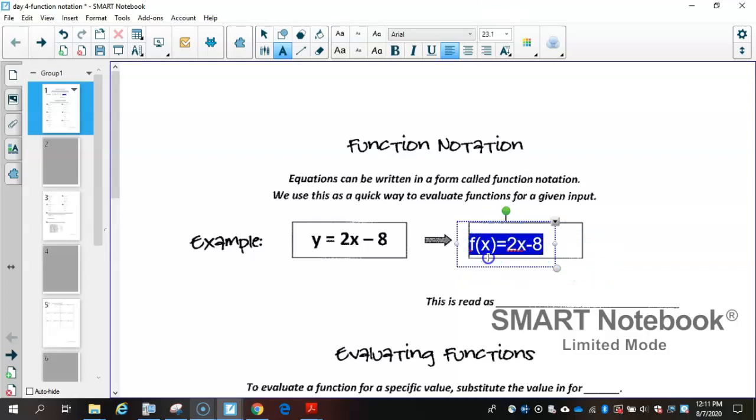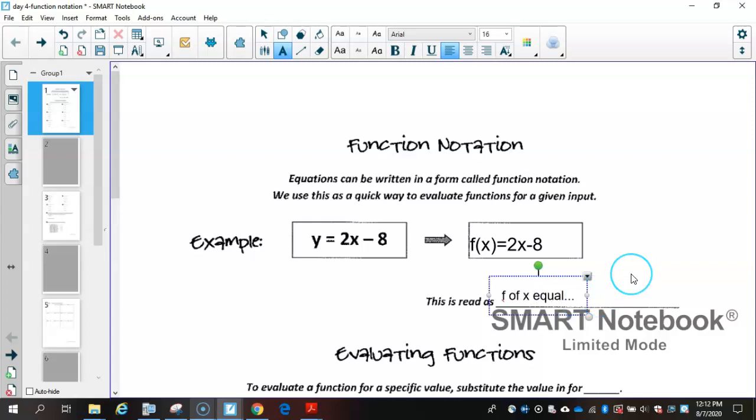So anytime you see this f of x, it's the same thing as y, and I'm just going to go ahead and write that. So f of x equals, and then whatever the equation is.